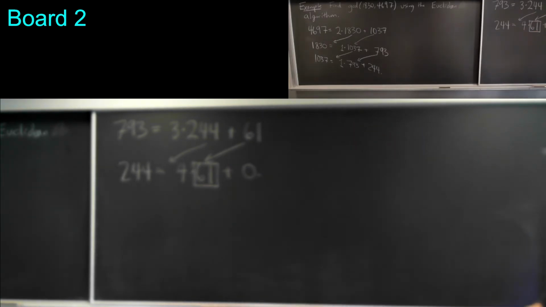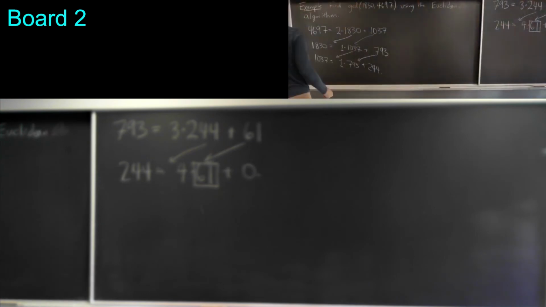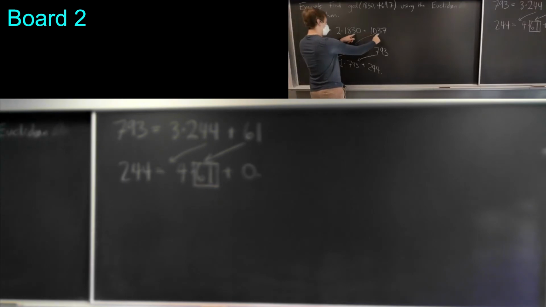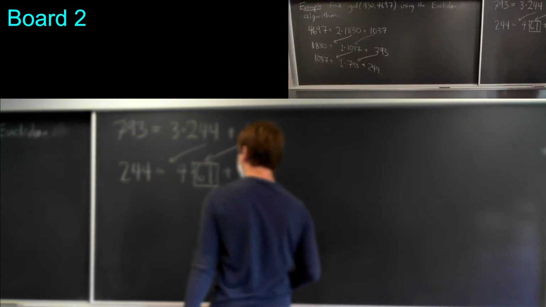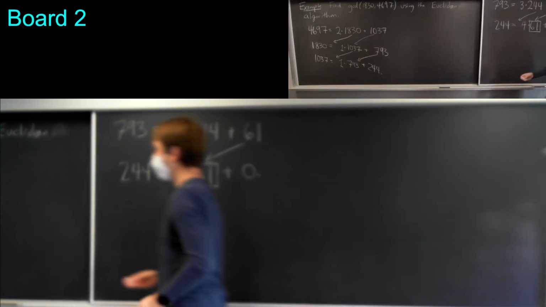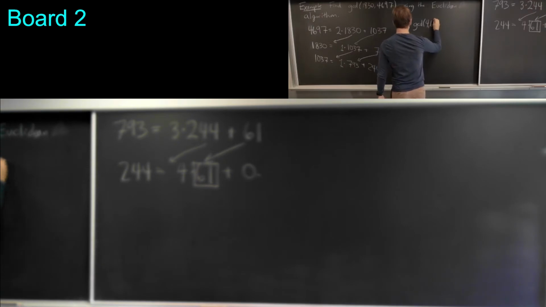Okay. So last time we looked at the actual reason for that, the proof. It's based on the fact that the GCD of these two numbers is always equal to the GCD of these two numbers, and then the GCD of these ones is equal to the GCD of those ones, and so on, until you get down to the GCD of 61 and 0, which is just 61. This uses a proposition from last time.